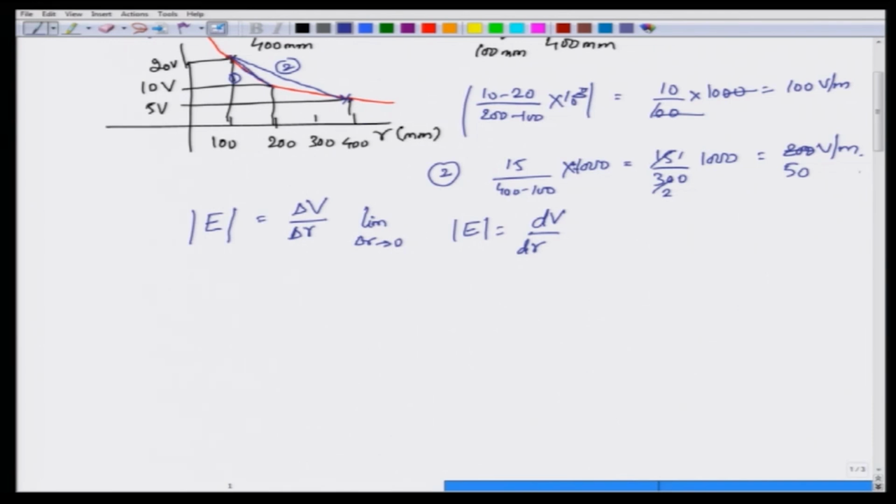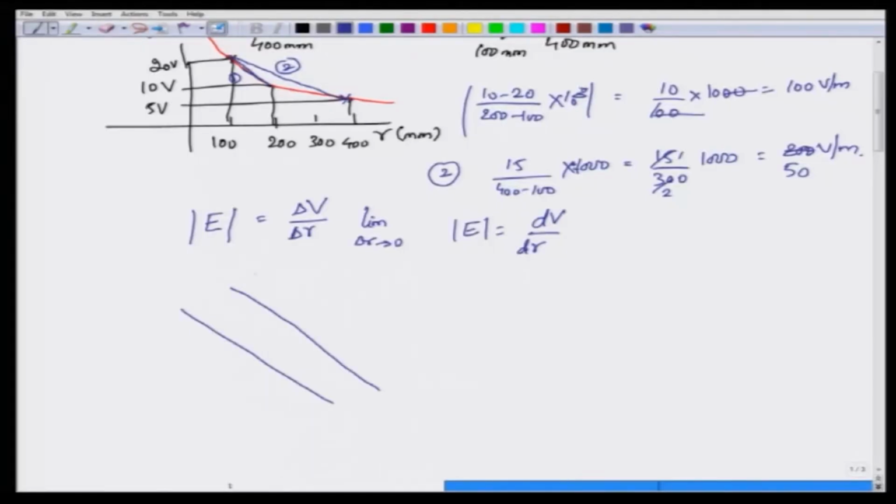But coming back to the point that I was mentioning, the maximum value of the slope will be the value of the electric field at a given point, and the direction of the electric field at that point will be exactly opposite to the change of the slope.